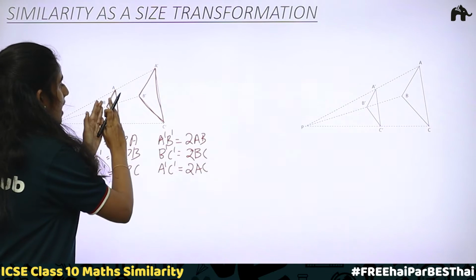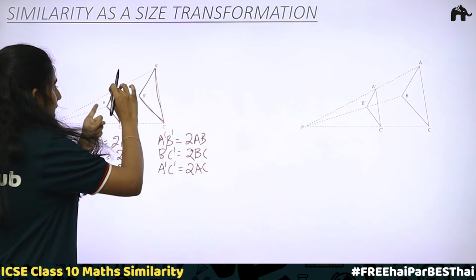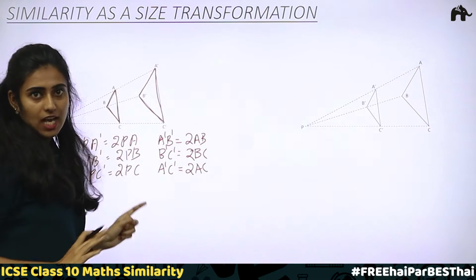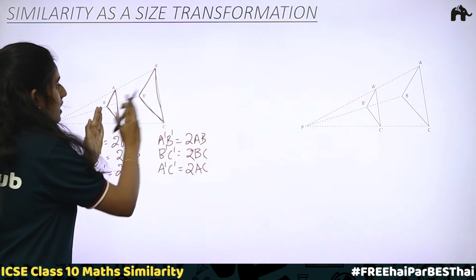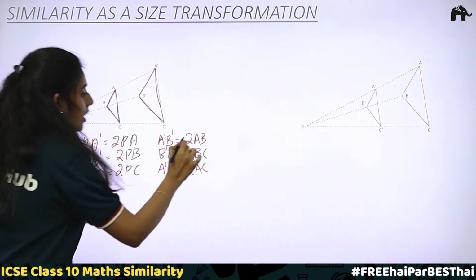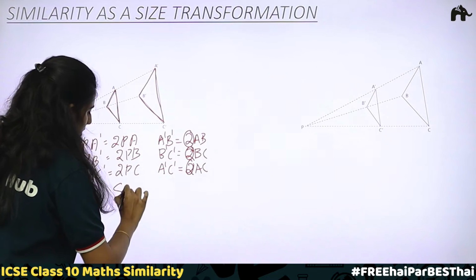Here, the triangle has become 2 times. All the corresponding sides, the side AB, 2 times AB is A dash B dash. Now, this type of a transformation, what is happening? Enlarging is happening, that too, 2 times. This 2 is called the scale factor.